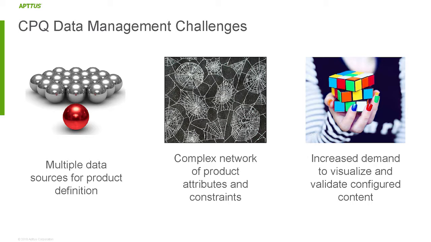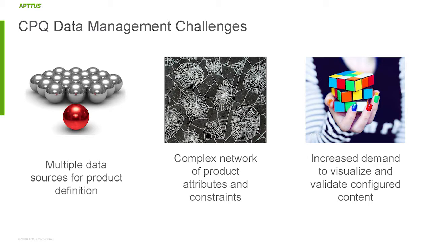The second point is there's a complex network and relationships of that product knowledge and how the products are actually going to be consumed on an order or in a proposal. Customers might be looking for a simplified view or a window sticker view of a vehicle, for example, but then there's engineering knowledge and a more detailed set of instructions for how the products are actually going to be assembled and the order is going to be filled.